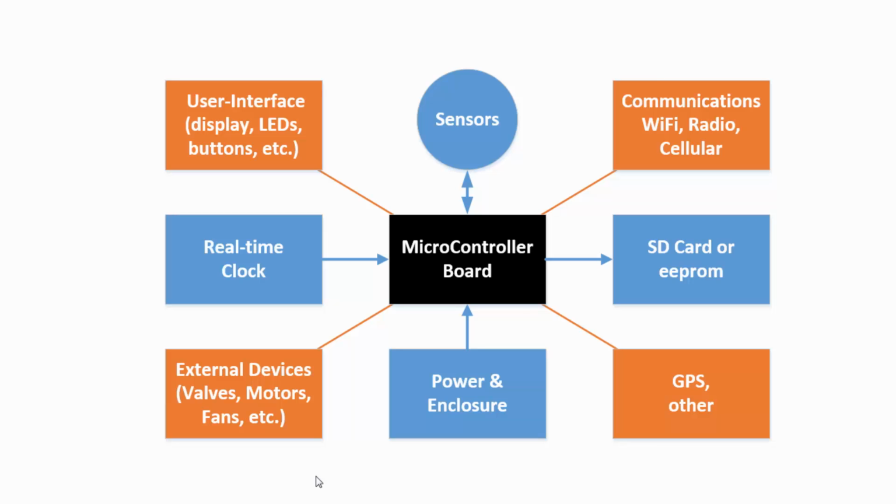Depending on your goals, you may want communications with your system so that data can be posted on the web or downloaded from a remote location. So we need to add communications like Wi-Fi, radio, or cellular. And we'll cover that as well.